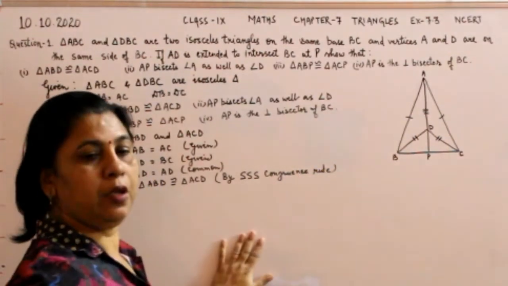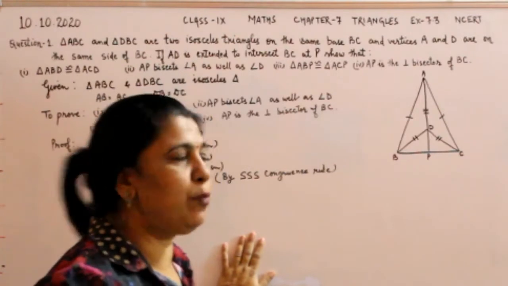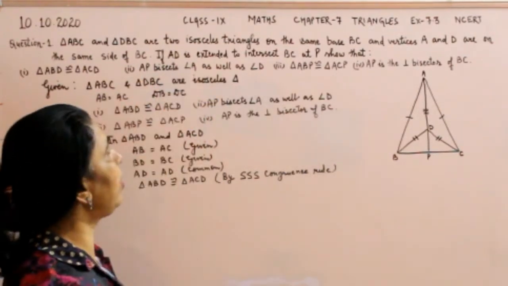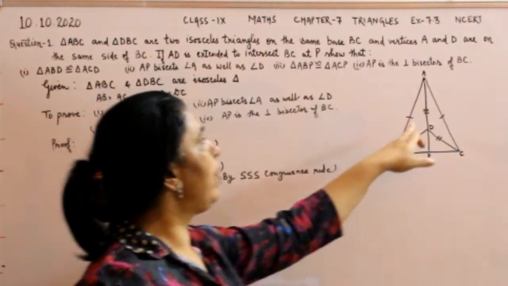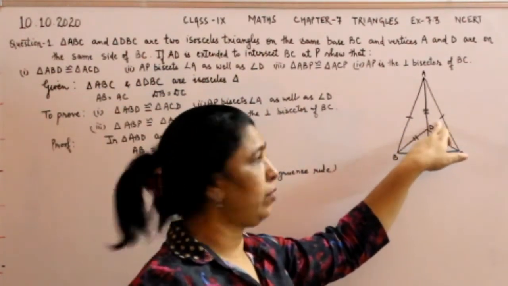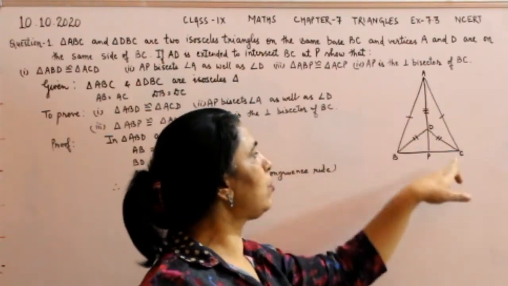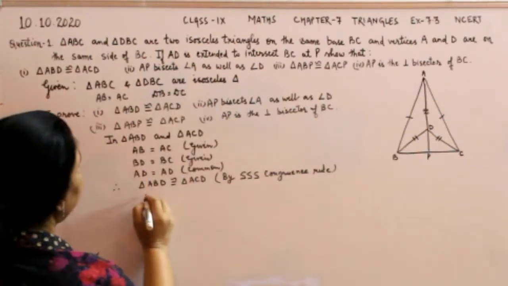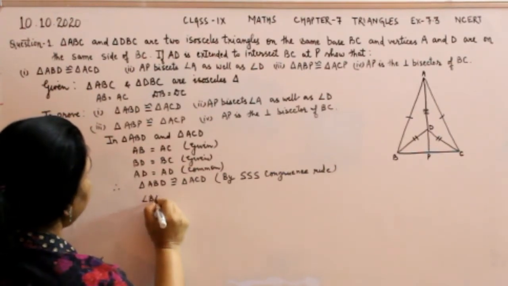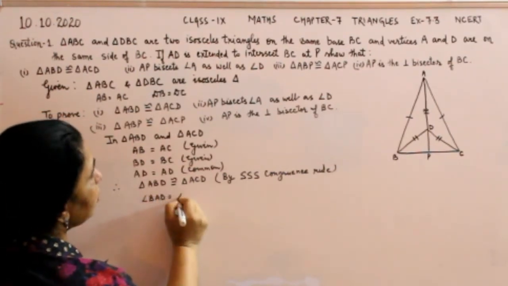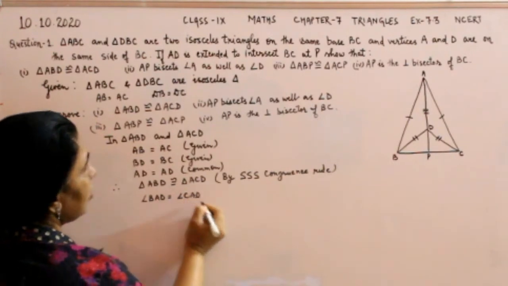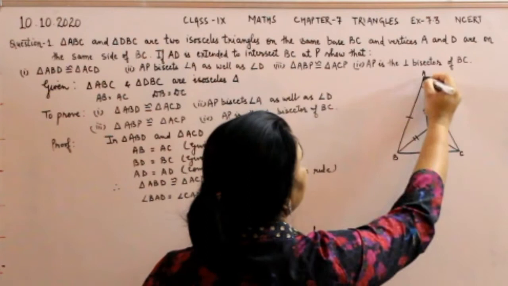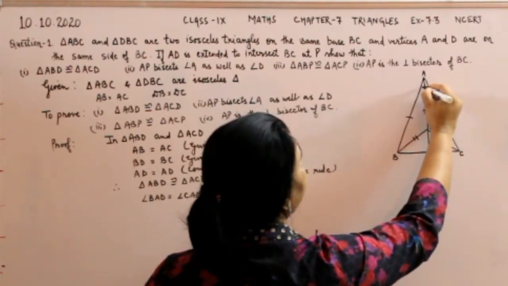Okay. Now coming to the second part. The second part is AP bisects angle A as well as angle D. When these two triangles are congruent, we have proved that ABD is congruent to ACD. So this also shows that angle BAD is equal to angle CAD. This angle BAD is equal to CAD.